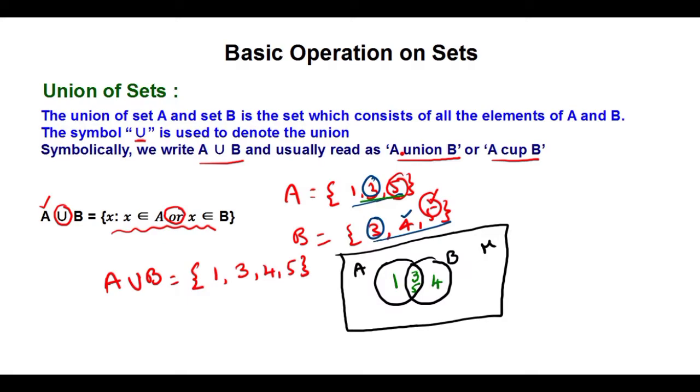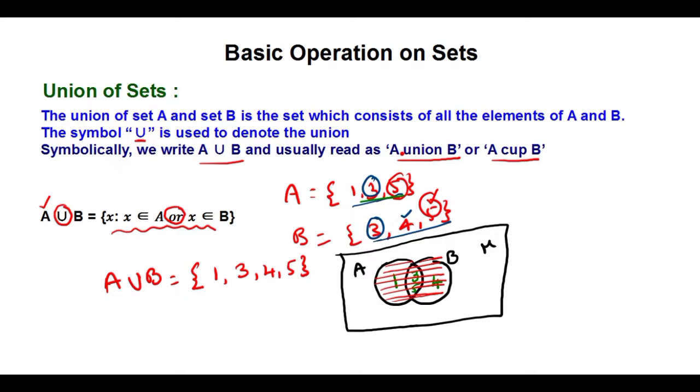In A union B, we should take everything altogether. See how I shade this: this is the A union B part. So for the A union B Venn diagram, we take two circles and shade them completely.